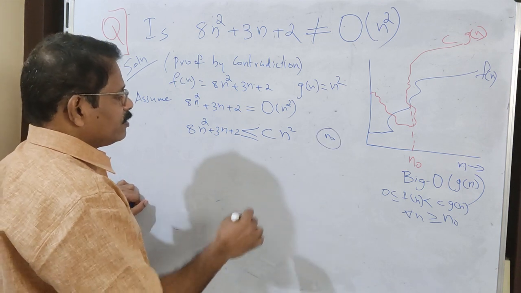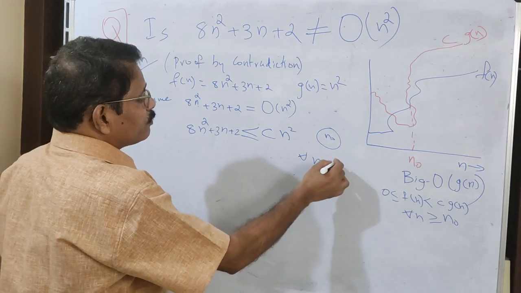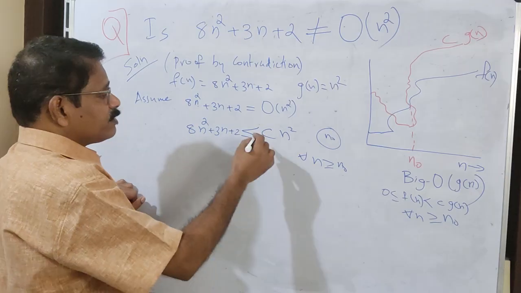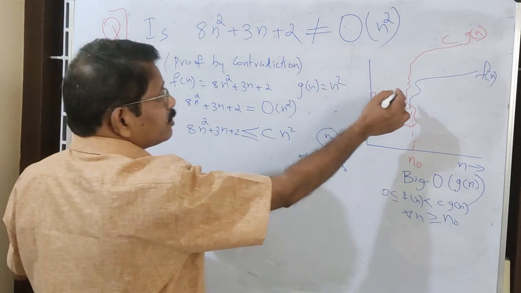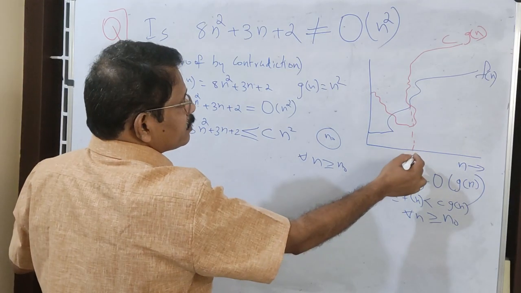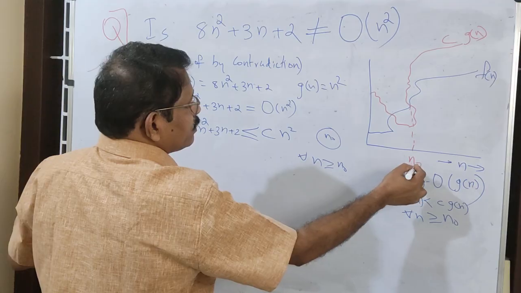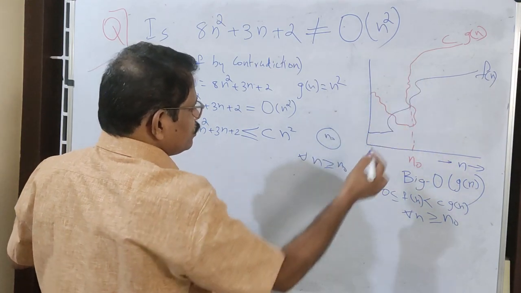For all values of n greater than or equal to n0, this inequality should hold, that is f of n should be less than or equal to c into g of n.